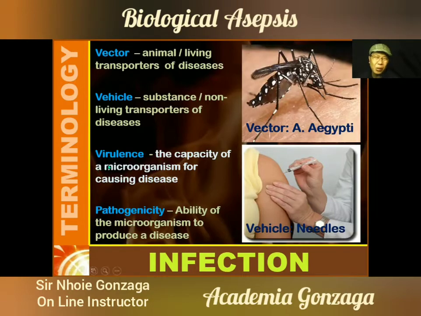If one person coughed and this microorganism transferred to another person, the tendency of that person displaying cough or symptoms depends a lot on how many of those viruses transferred. You call that virulence. If enough virus transferred and the person got sick, you call that pathogenicity, because that is the ability now of the microorganism to produce a disease.